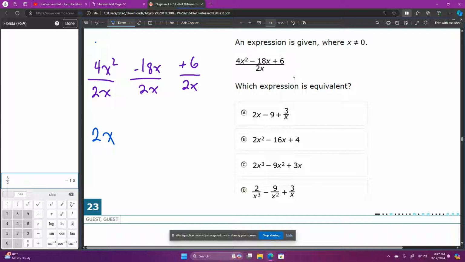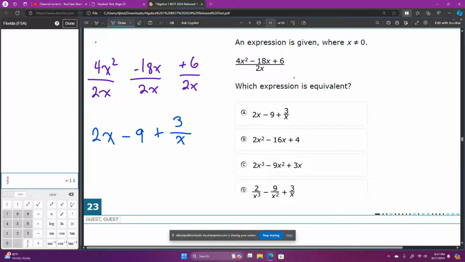A negative over a positive stays negative. 18 divided by 2 is 9. x divided by x is 1. 1 times 9 is 9. Plus 6 divided by 2 is 3. And our x stays at the bottom.